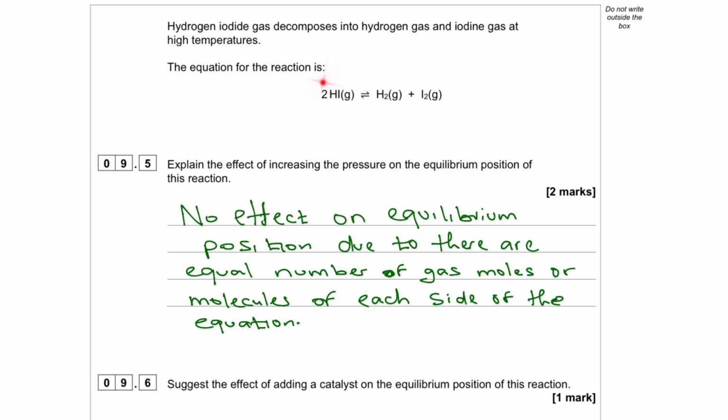Well, because they have the same number of moles, 2 on the left hand side and 1 and 1 on the right, the stoichiometric moles on this side is 2 and on that side is 2. Because they're the same, increasing the pressure will have no effect. So no effect on equilibrium position because there are equal numbers of gas moles or molecules on each side of the equation.